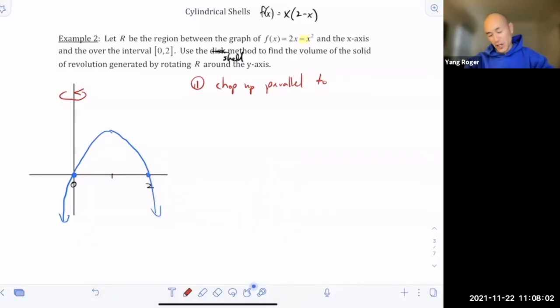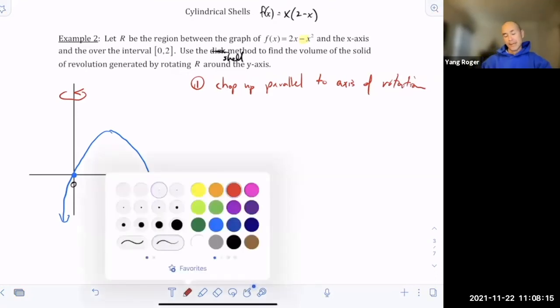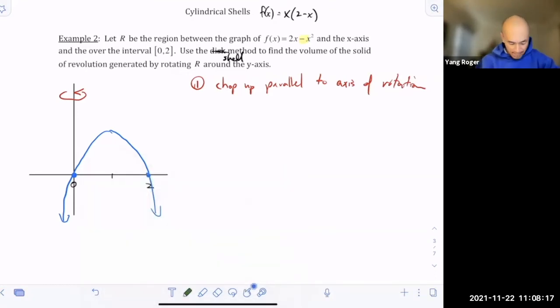So we want to chop up parallel to the axis of rotation. So that's going to go, what color should I do it in? Green? It's going to go like this.